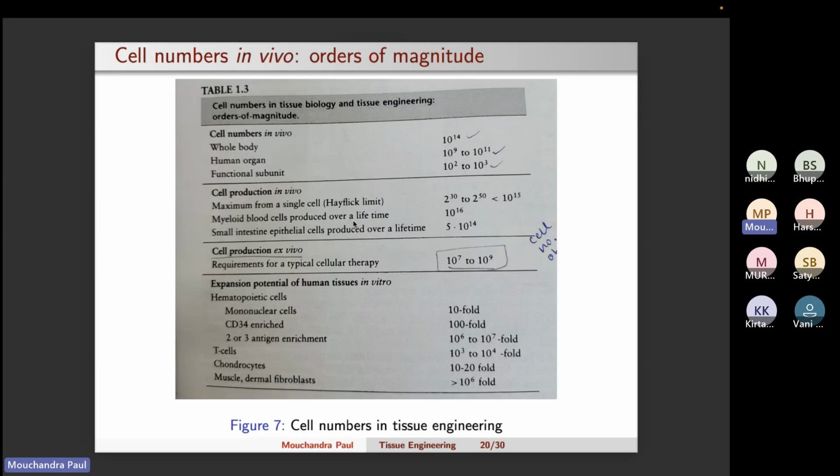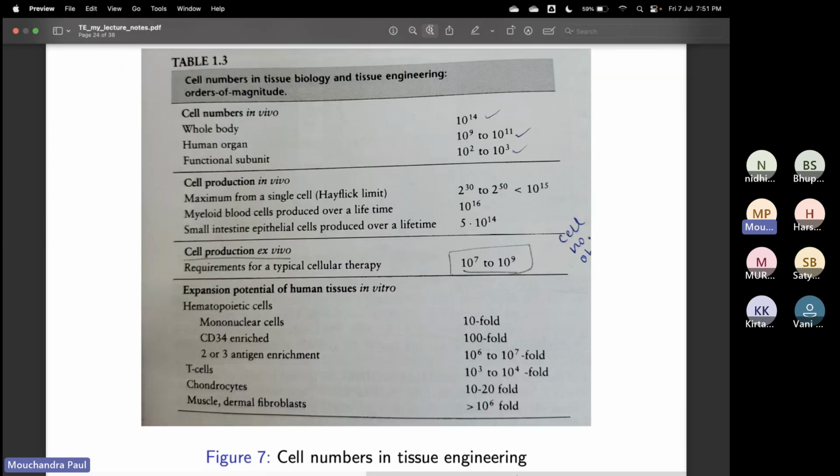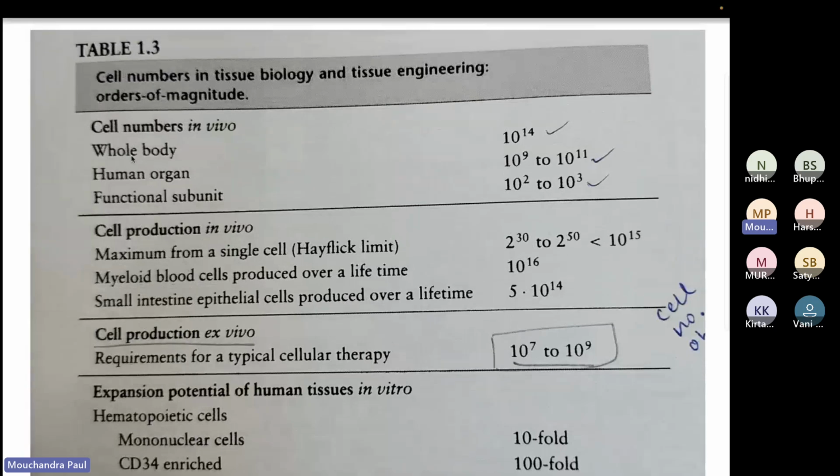So in this table, as you can see very nicely, these things are summarized. The whole body consists of 10 to the power 14 cells, that is 100 trillion cells. And a human organ consists of 10 to the power 9 to 10 to the power 11 cells. A functional subunit, which an organ is composed of, consists of 100 to 1000 cells.